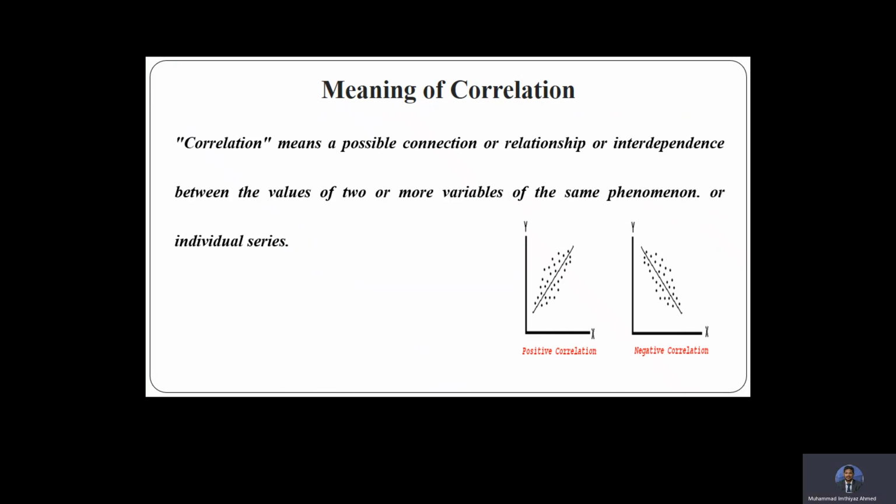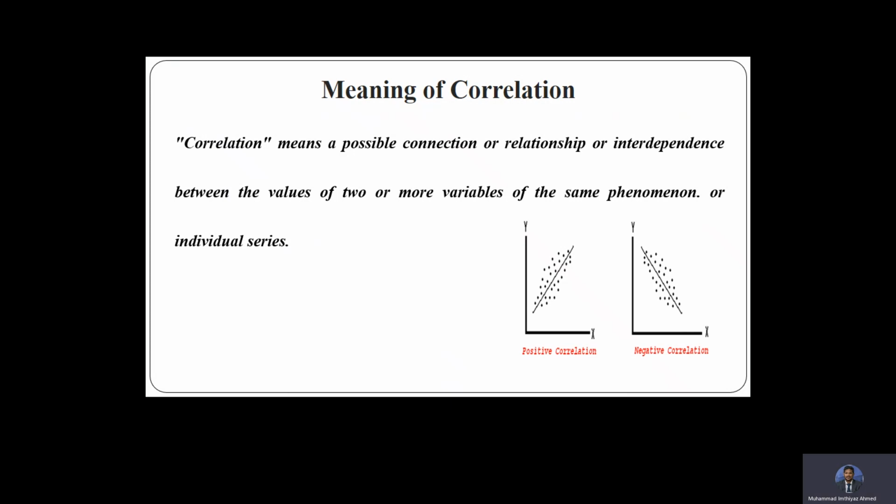Now, what does it actually mean? It means possible connection, relationship or interdependence between values of two or more variables of the same phenomenon or individual series. Either I take two variables or more, I am trying to find whether there is a possible positive or negative relationship.